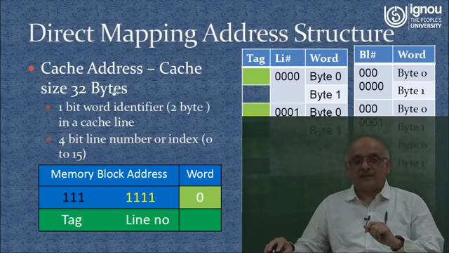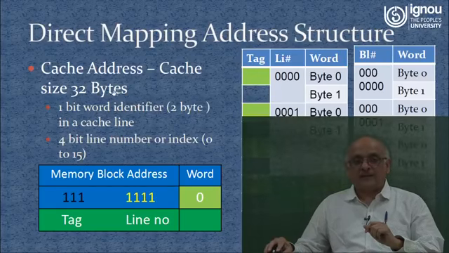The second part is the tag, and there can be multiple possibilities: all zeros, 001, 010, 011, like that.